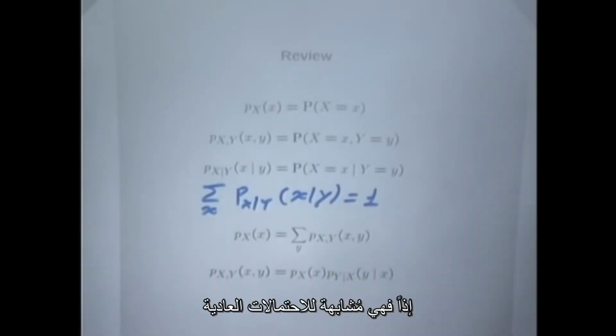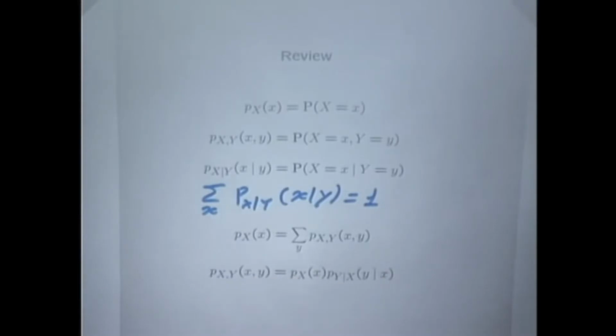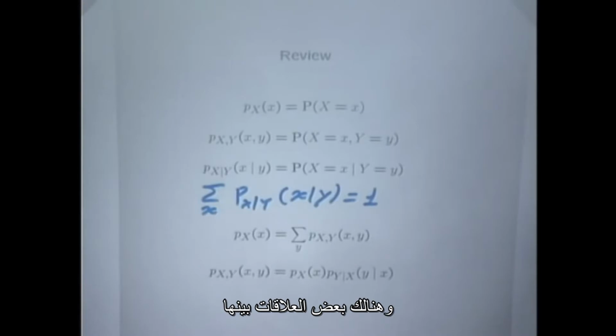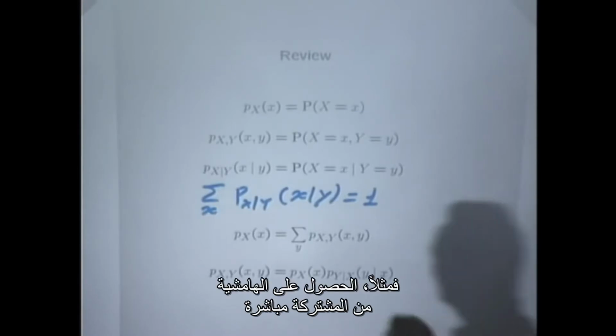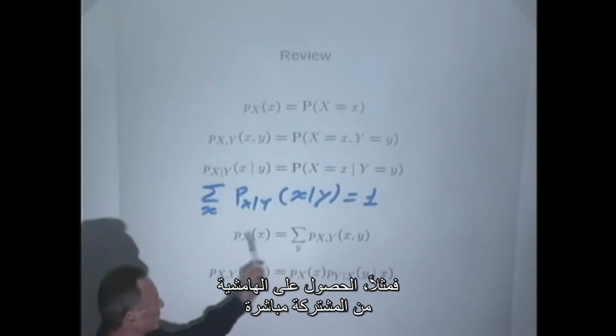So they're just like ordinary probabilities over the different x's in a universe where we are told the value of the random variable y. Now, how are these related? So we call this the marginal, this the joint, this the conditional, and there are some relations between these. For example, to find the marginal from the joint, it's pretty straightforward.